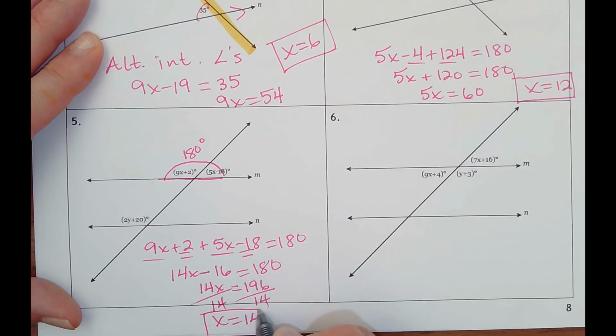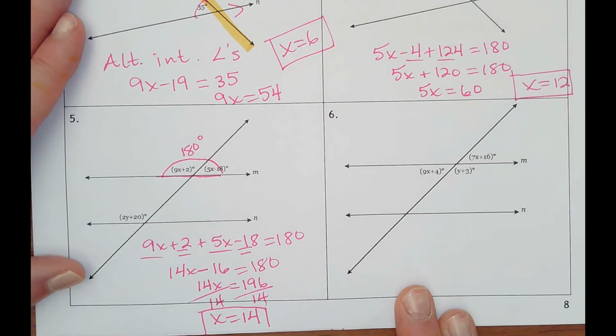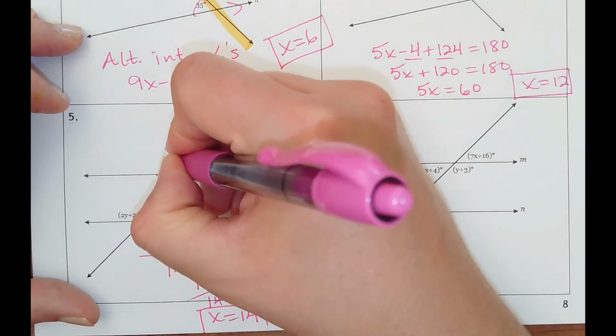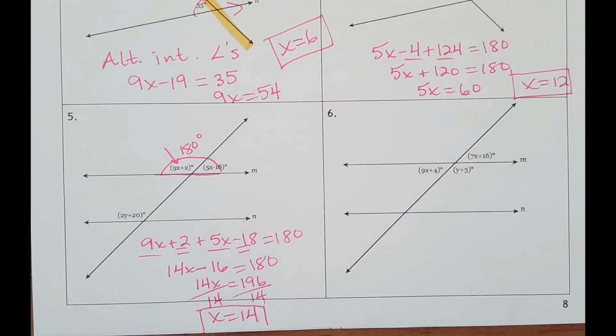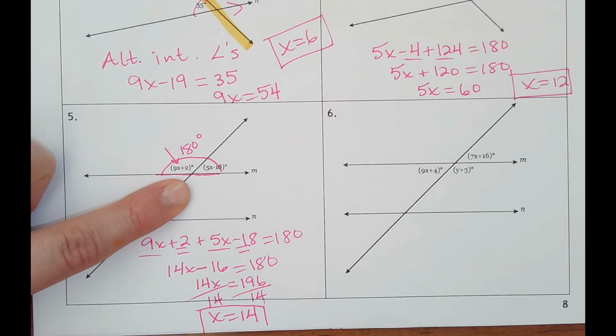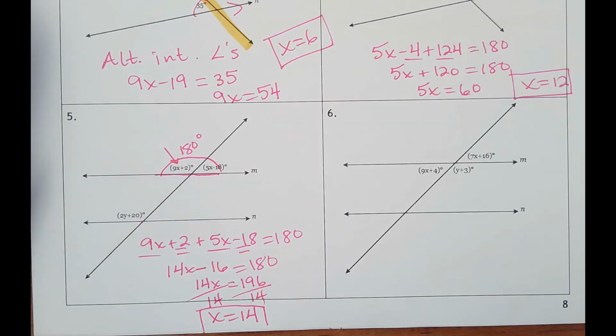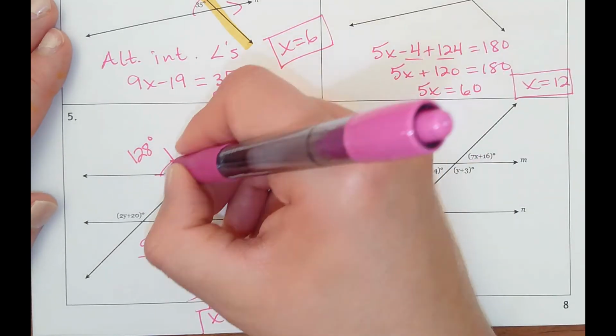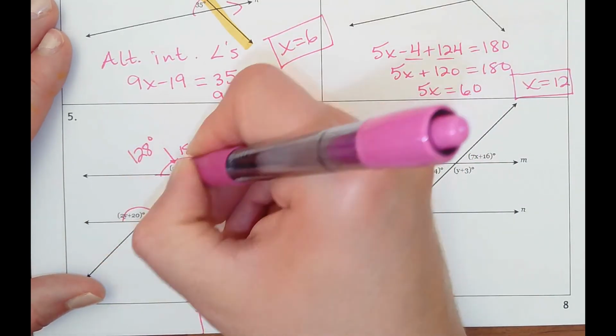So there's x. We need to now take x and plug that into one of these expressions. Let's plug it into this one. So I would take 9 times 14 plus 2, which is 128 degrees. So if this is 128, look, this is a corresponding angle.